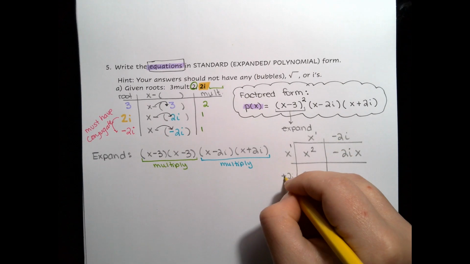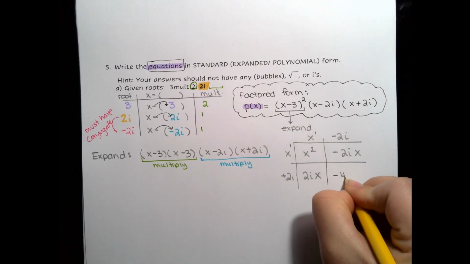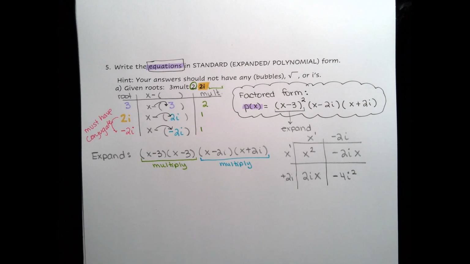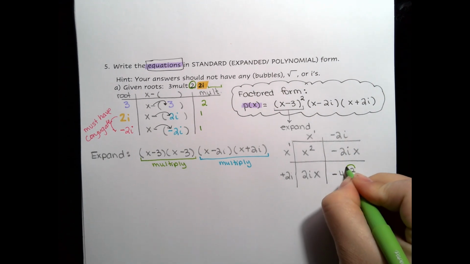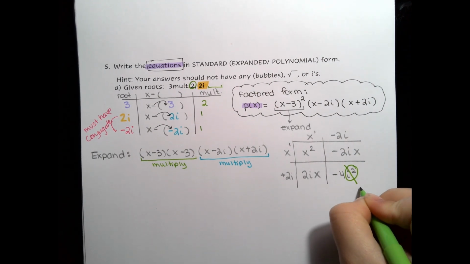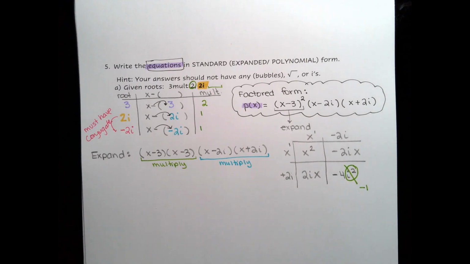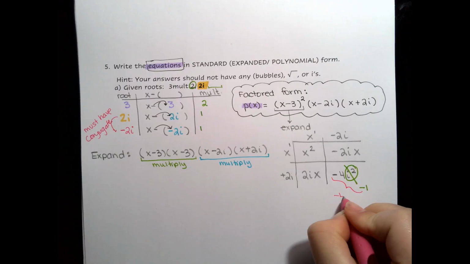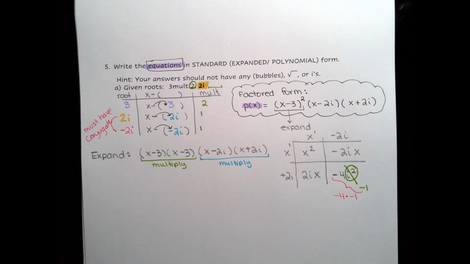So you got negative 2, positive 2, so negative 4. i times i is i squared. Here again, remember that i squared is actually equal to negative 1. So what you have in this box, and why we need to multiply conjugates together, is we need to remove anything like square roots and i's.